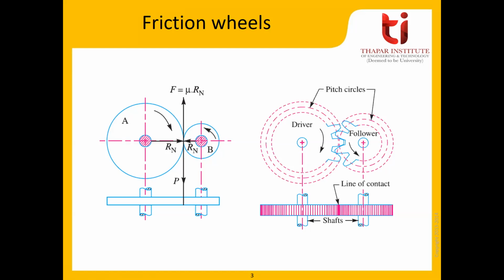The usual convention to show the tooth wheel is by their pitch circles. These circles in the friction wheels are known as pitch circles. And this wheel with the projections on its periphery is known as a gear.